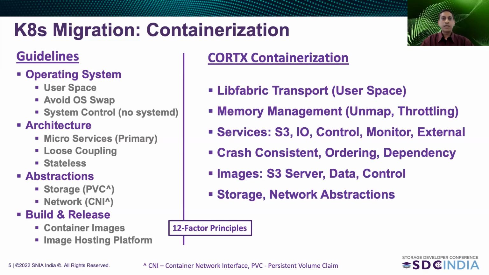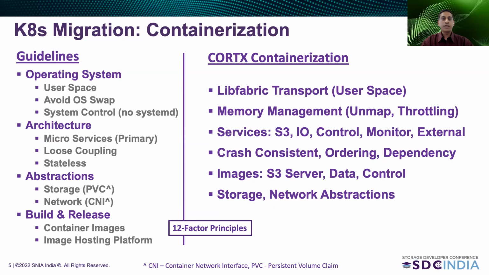About CORTX containerization, the CORTX stack has gone through changes on similar guidelines. Although CORTX stack is a user space implementation, there was a dependency on a kernel-based module for the transport layer. So CORTX had to switch to a user space only transport. Also, CORTX moved to its own memory management mechanism for unmap of pages and resource throttling.